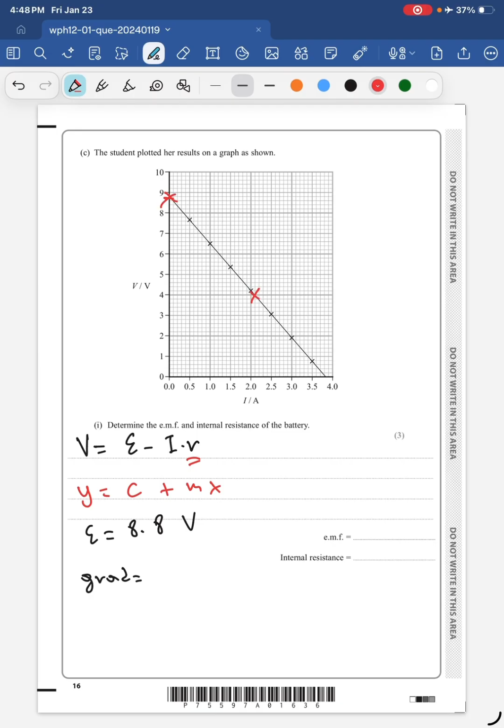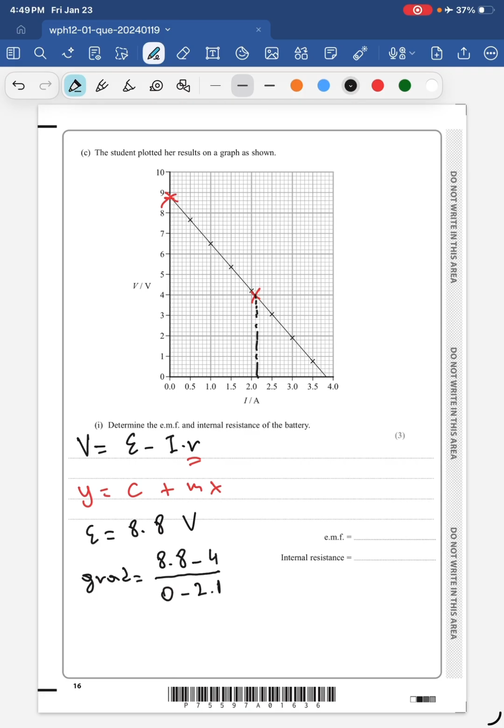In the numerator we have 8.8 minus 4, which is the voltage, and then 0 minus the current here, 2.1. So the gradient is minus 2.29. So r is 2.29 ohms, not too large, which makes sense. Anything else here? No.